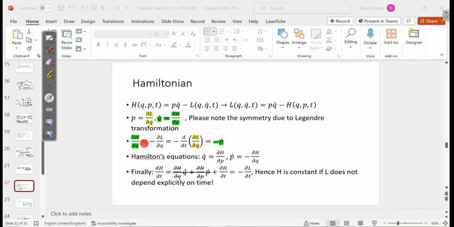The symmetry of the transformation, and this is Hamilton's equations, the first one and the second one. They are highlighted in green. And finally, how dH by dt is equal to negative partial L by partial t.